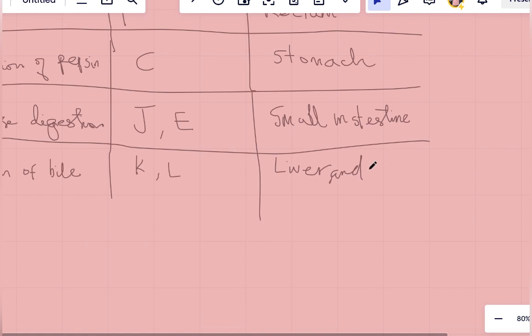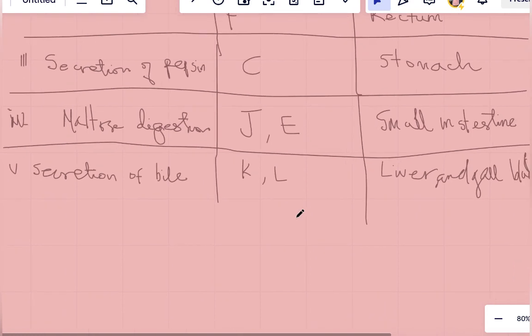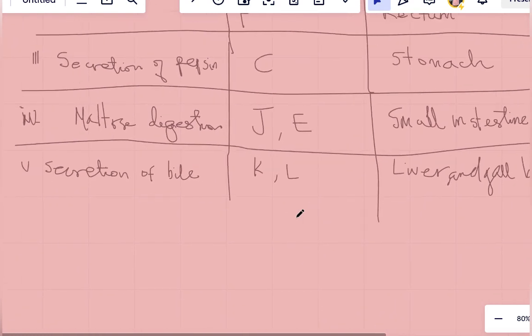So secretion of bile happens in the liver and gallbladder. Okay, we should keep that in mind.